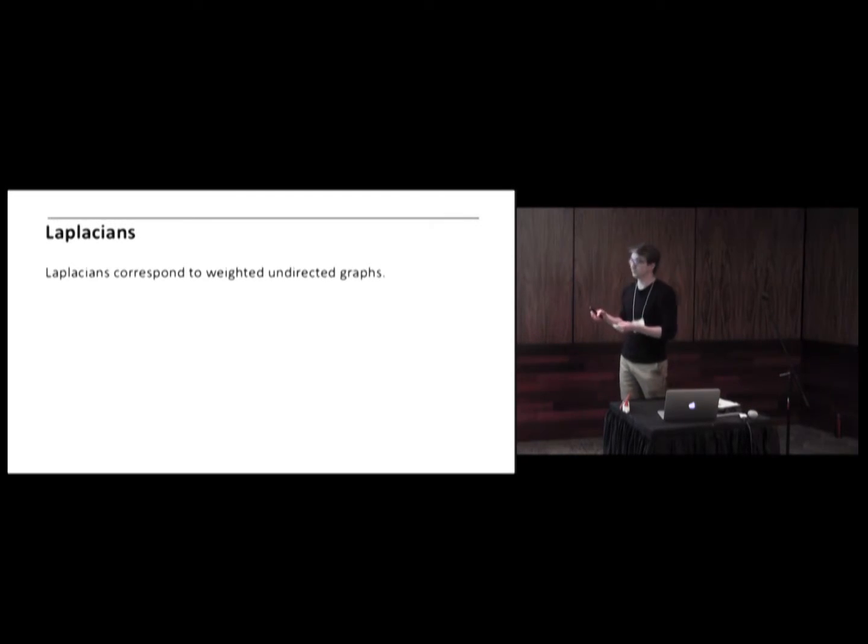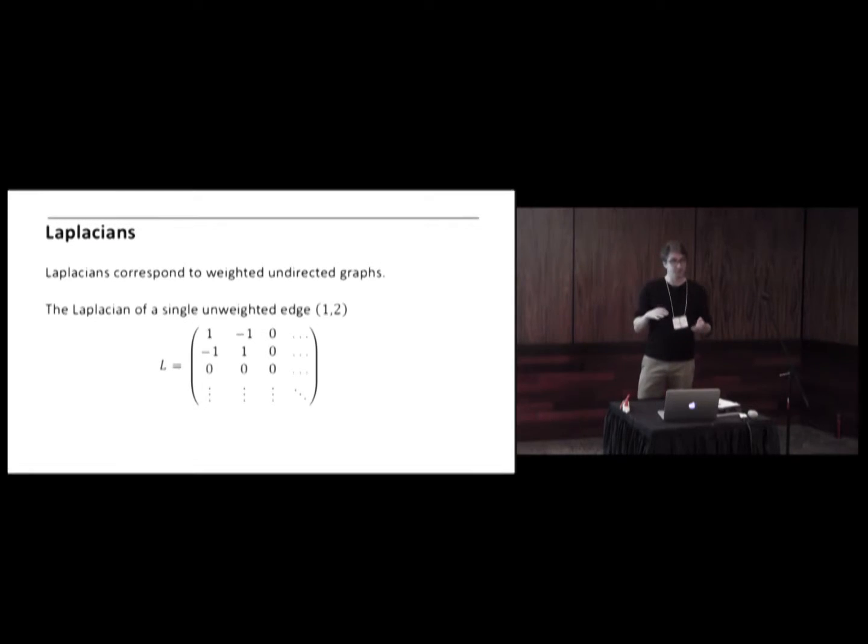For every vertex in our graph, we'll associate that vertex with a row and a column in our matrix. And then edges in our graph will give us entries in that matrix. So an unweighted edge between vertices 1 and 2 will give us a 1 in the diagonal for vertex 1, a 1 in the diagonal for vertex 2, and a -1 in the (1,2) off-diagonals. If we have more edges, we get the Laplacian of the whole graph by just summing together the Laplacians of the edges.